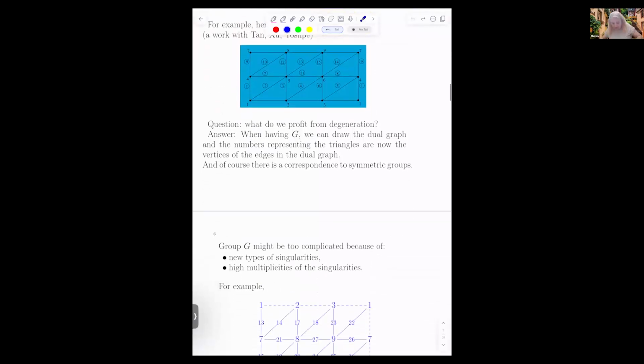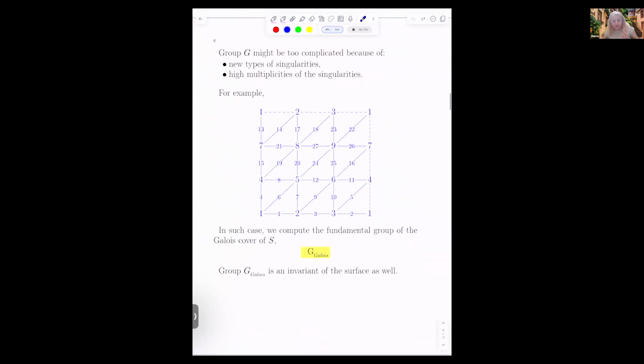And now, group G can also be very complicated. Why? Because of the types of the singularities, and also the high multiplicity of singularities. For example, if you look at this point, you see that 6 lines meet at this point. So when you want to regenerate it, it's a big deal.